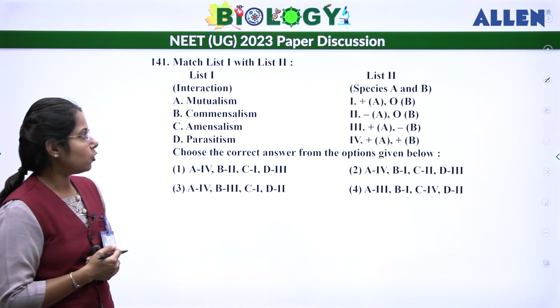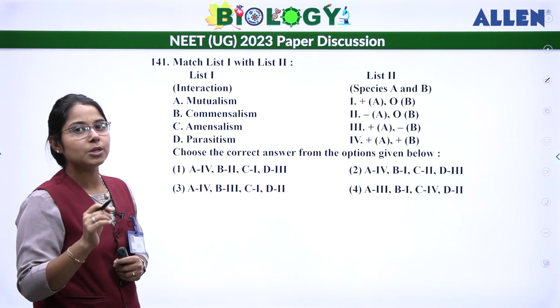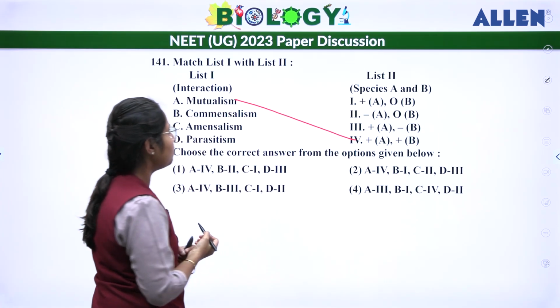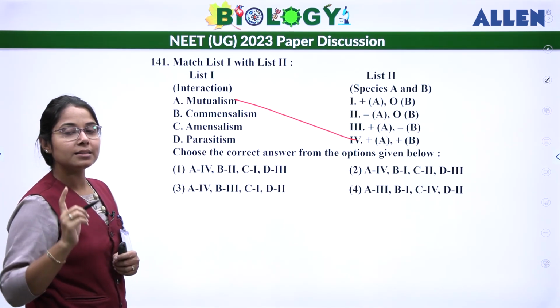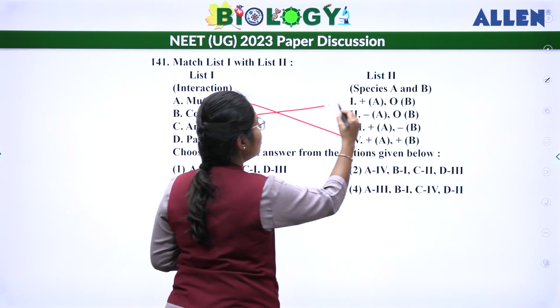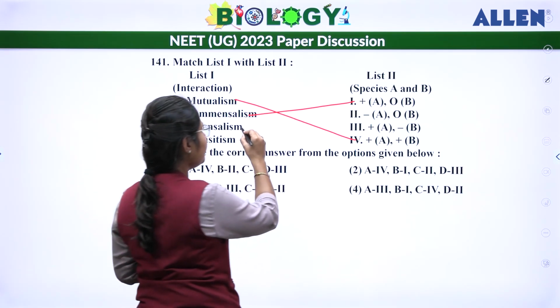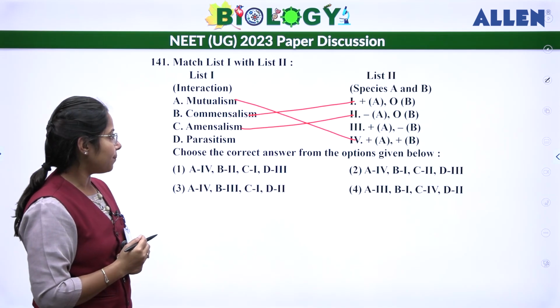Next, again match the following. Mutualism is where both the species are getting benefited, so both A and B will be positive. Commensalism is where one is benefited, the other is neither affected nor benefited. So it will be your first option. Amensalism is where one is harmed, but the other is neither affected nor harmed.